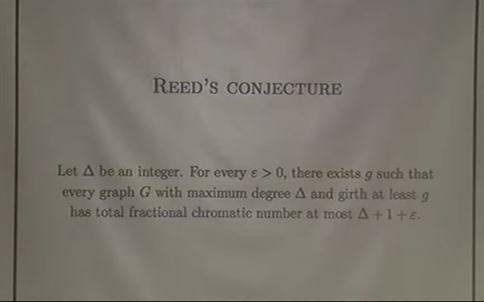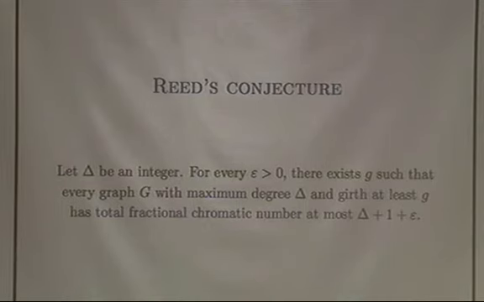And he conjectured that as the girth grows, you can actually get as close to the lower bound as possible. This conjecture is easy to verify for delta equal to 1, where you have just a matching, so there's not too much to say. For delta equal to 2, you have paths and cycles.